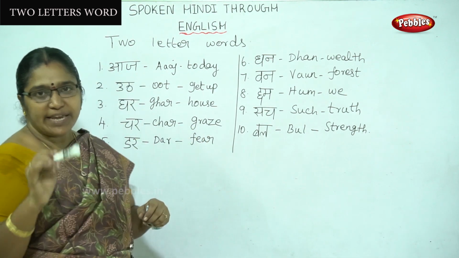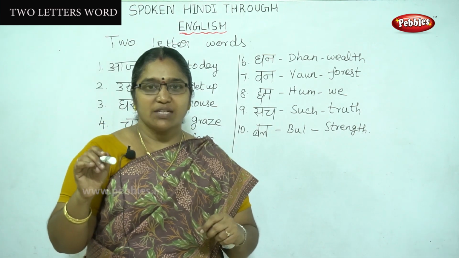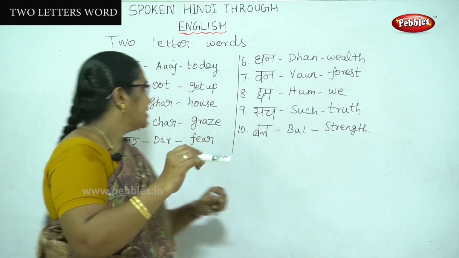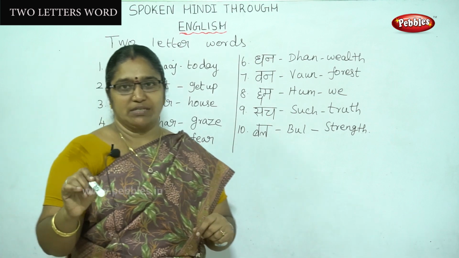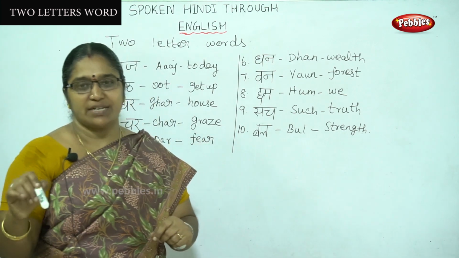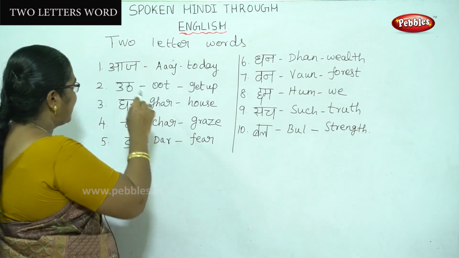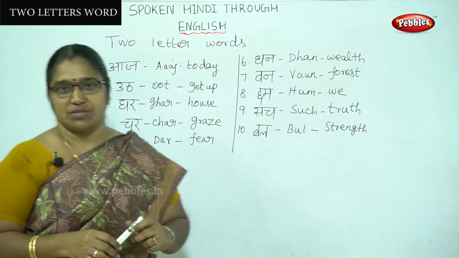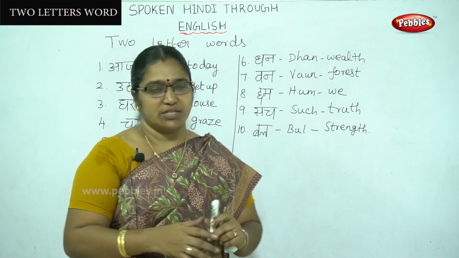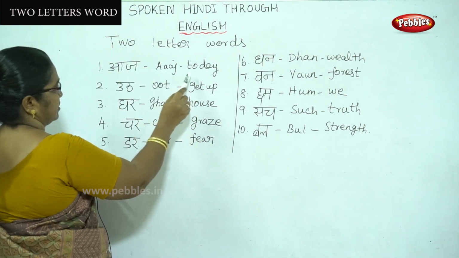The last one is a half letter, that means this is a consonant, Vyanjan. We have to spell it as Aj and say it as Aj. That is Aj, today.